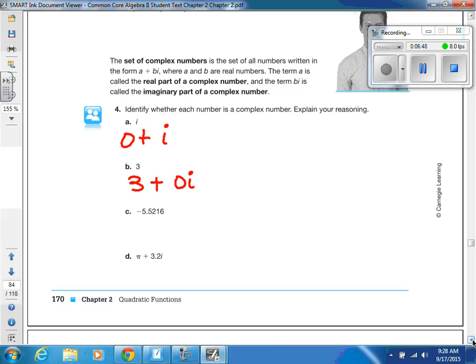How about this one? Is that a complex number? Yeah? Be catching on to what I'm doing here. That's a complex number. Oh, here's a good one. Is that a complex number? Yes. It has a real part, and it has an imaginary part right there in front of you.